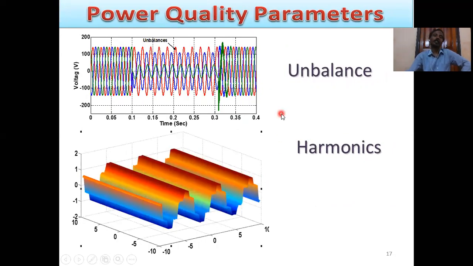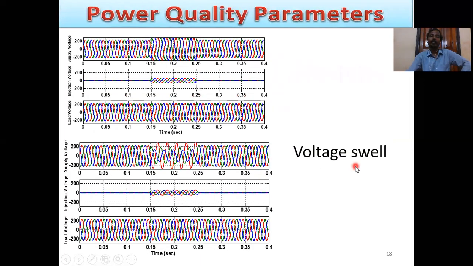And next, unbalance. In this section, three-phase unbalanced systems, RYB unbalanced system, 0.1 to 0.3. Another section, harmonics. This is the harmonics waveform, the distorted waveform. Another section, voltage swell, 0.15 to 0.25.